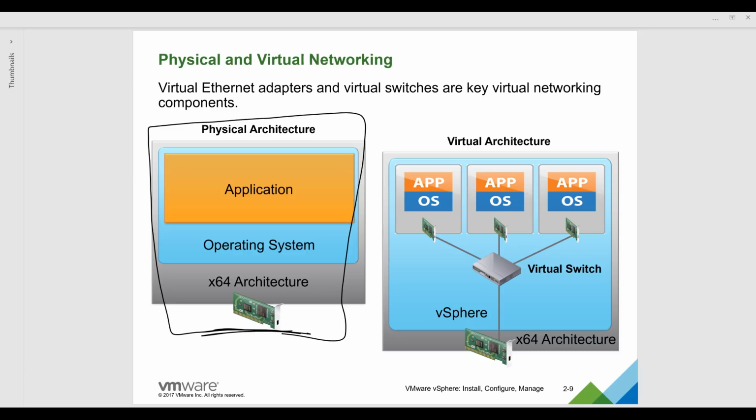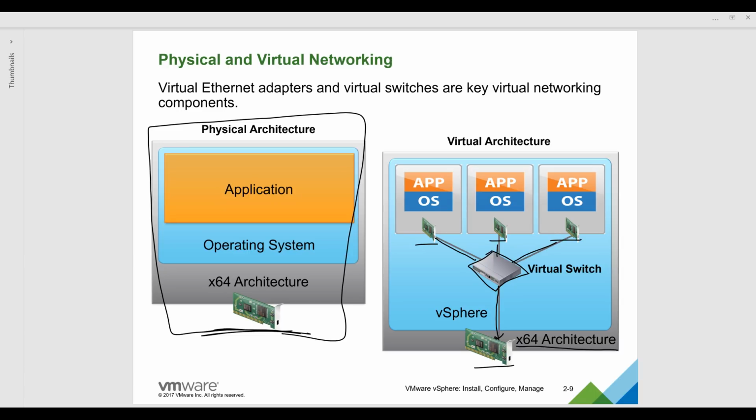And when you have multiple Ethernet adapters, which you see here, you have what we call a virtual switch, which is here. That virtual switch's main component comes down to the main network card and that physical architecture, the 64-bit architecture that you see here at the bottom.